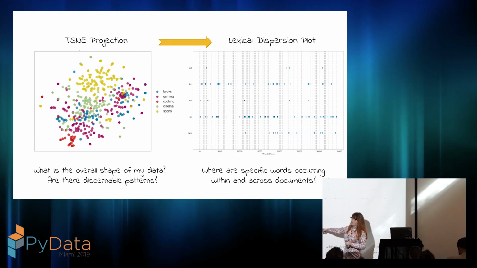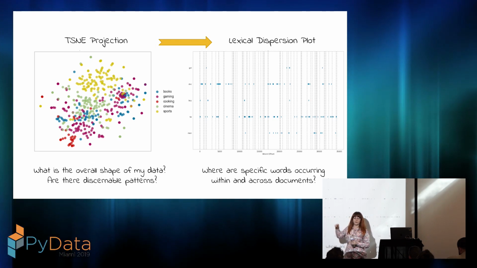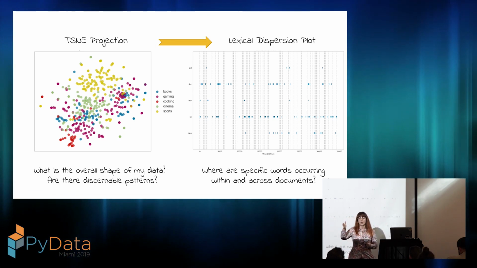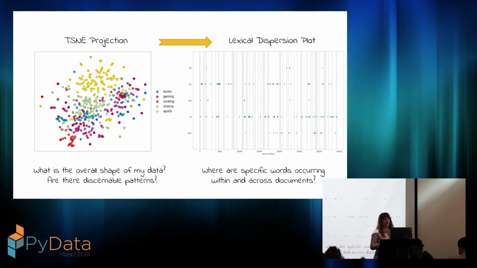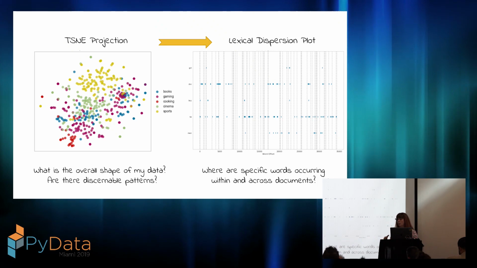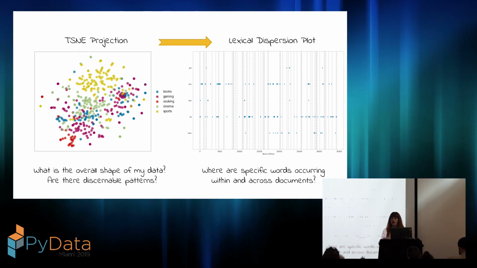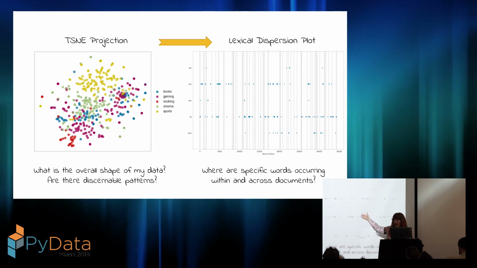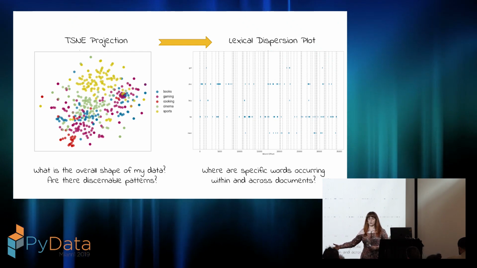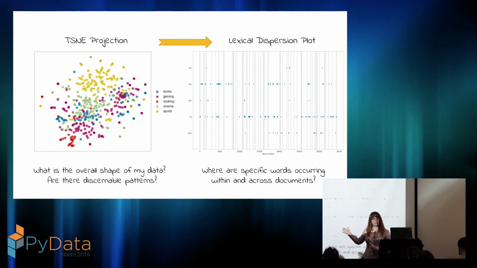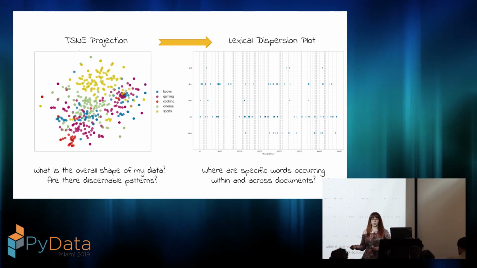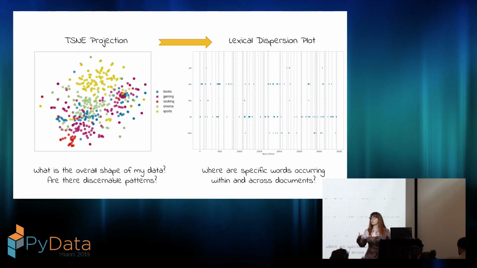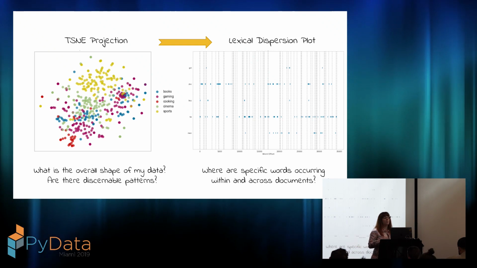We're going to look at the occurrence of a few specific words across all of the documents in the corpus, and so we'll be able to see their frequency, and whether they are associated with certain kinds of documents. The gray dotted lines there are document boundaries. So you can also use this to see whether these words are occurring in documents that are particularly short or particularly long, because those are also things that can impact modeling.